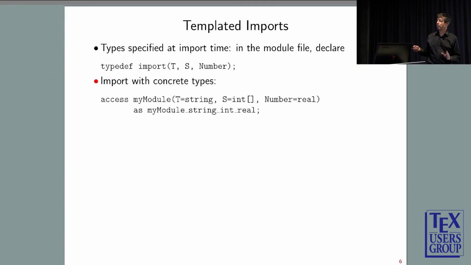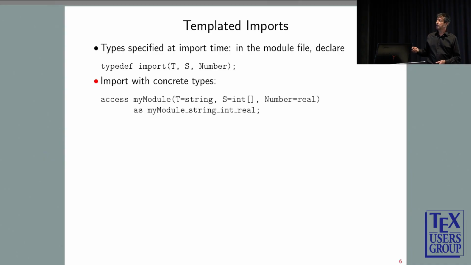Now we have an elegant, robust way that involves, in your module, telling it that there's a generic type T and a generic type S and another one called number. And when you go to import this module in the calling module, in the parent file, you can access it by telling it what T is and what S is in this particular instance.